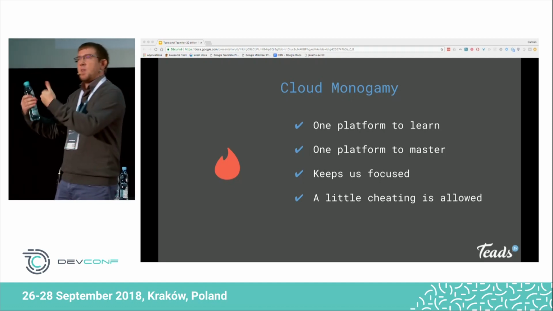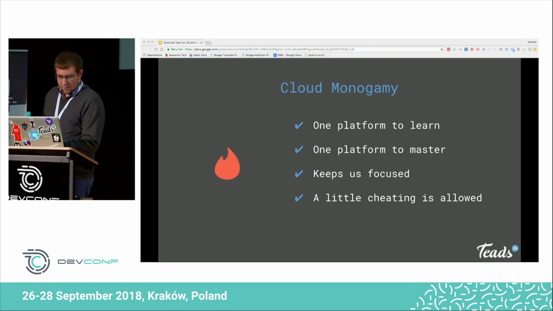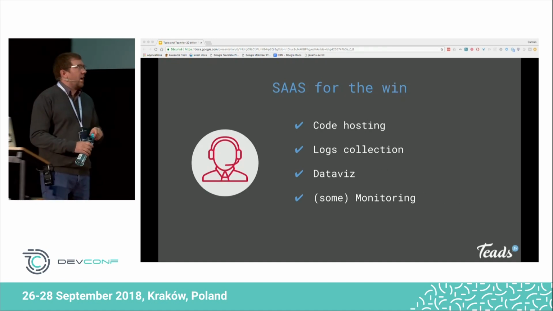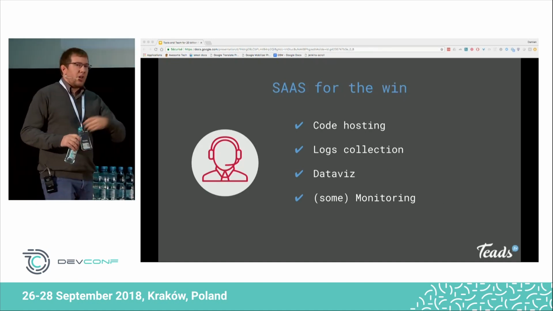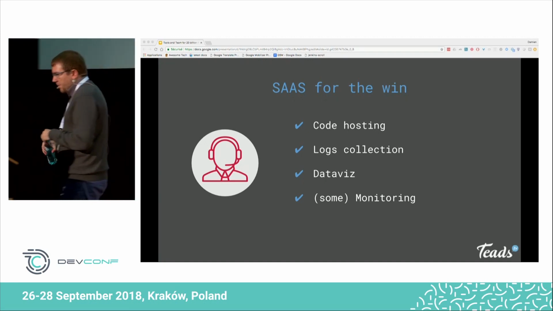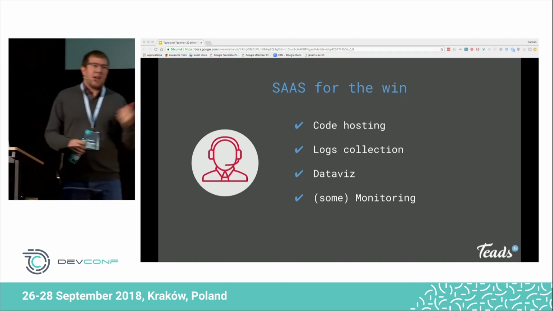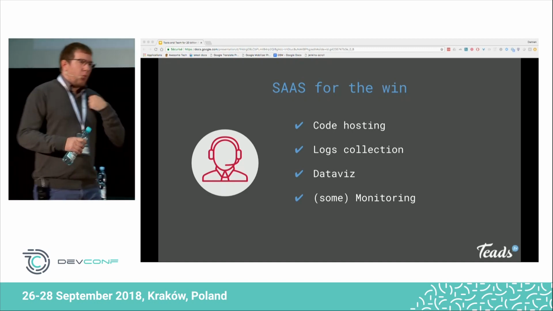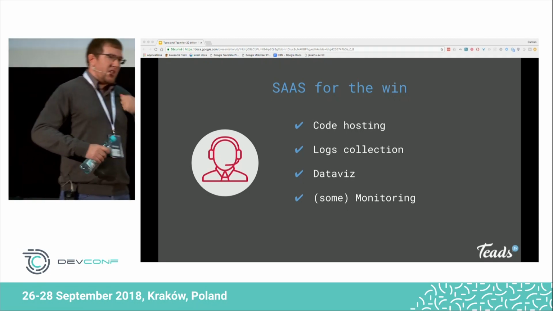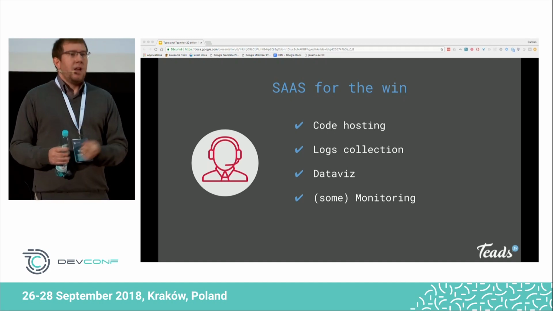So we use BigQuery as a SaaS software. We use a lot of SaaS software for the same reasons, mainly for focus. We believe that, I want my engineers, my team, to work on things that have value for the company.